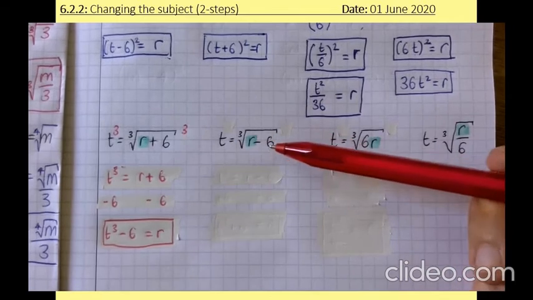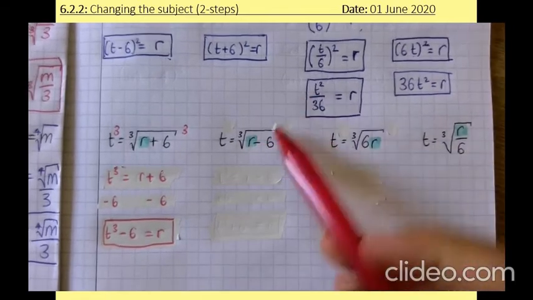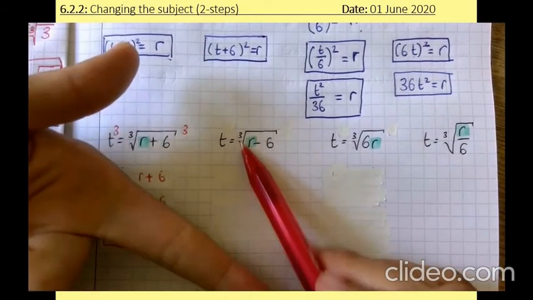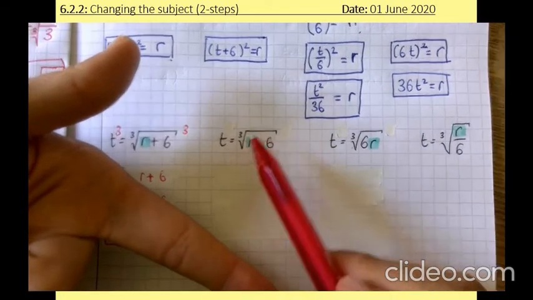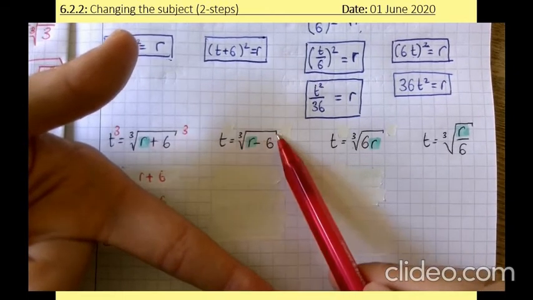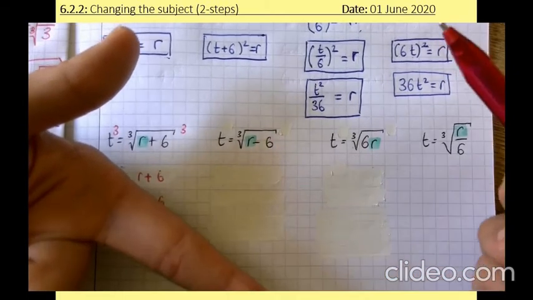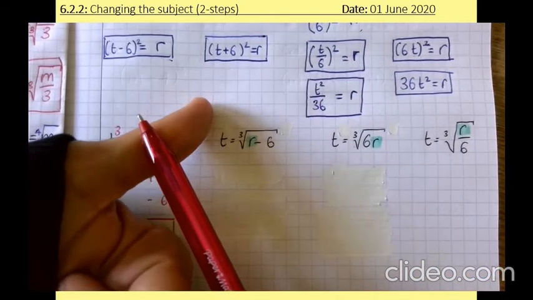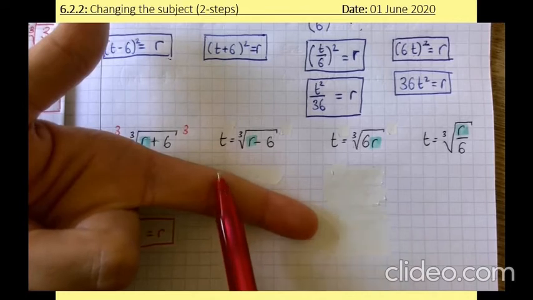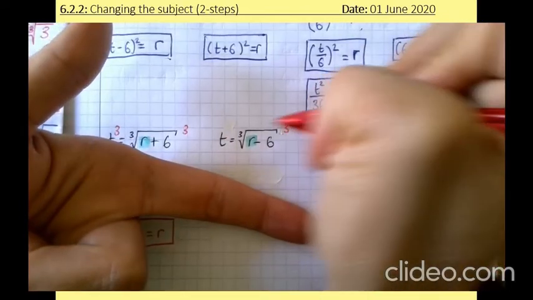Next, I want to make r the subject. Now r has 6 subtracted from it first, and then everything is being cube rooted, and we know that it's that way round because the cube root is over everything, so that must have happened last. So first the 6 was subtracted, then we have the cube root. So we first have to undo the cube root by cubing both sides.